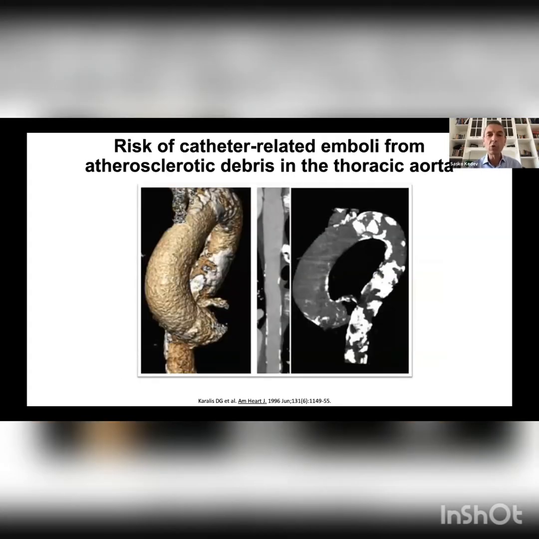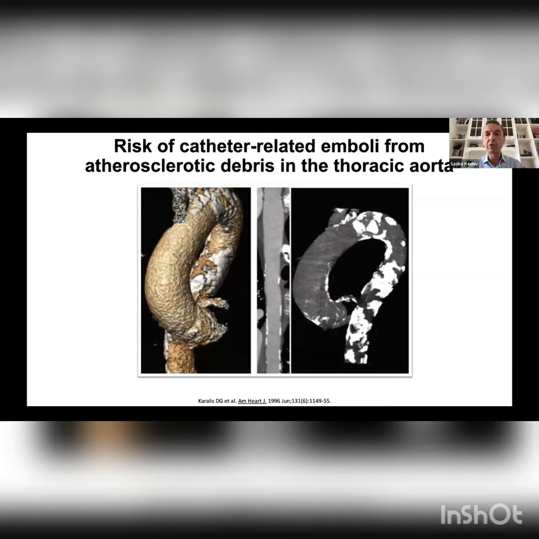What is also very important, let me remind you of this pathoanatomical finding: the most significant atherosclerotic disease is located in the descending aorta, followed by the aortic arch. So whenever we are doing procedures from the femoral approach, we are pretty aggressive to this very vulnerable part of the aortic wall.